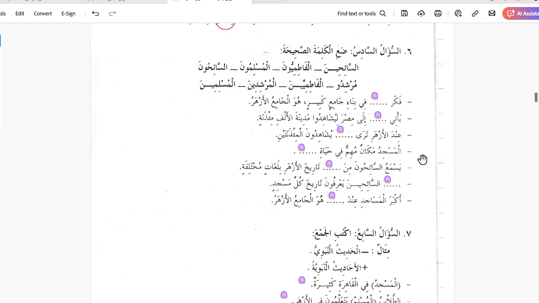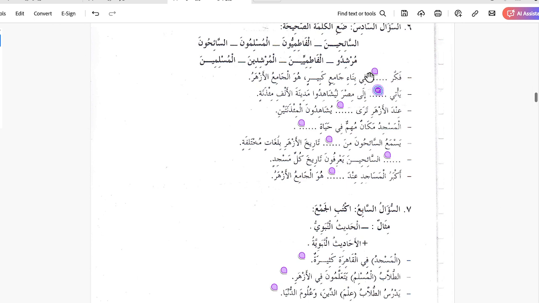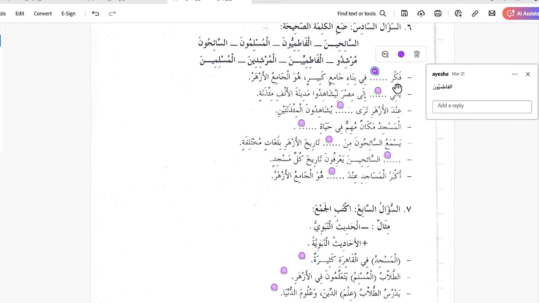So let's go through it. Fakkara, to think. So fakkara is the past tense, thought. So this should be fatimiyuna because when the fail has come, there should be a fail, and the fail has to be marfu.